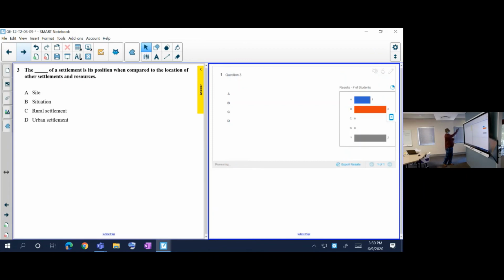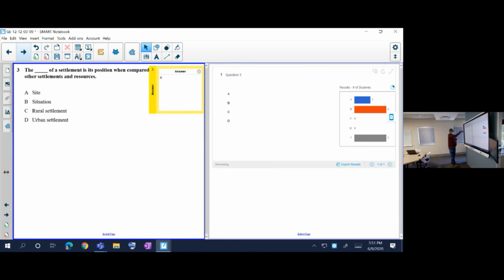Okay, so the correct answer to this one, the settlement, the position when compared to the location of other settlements is called a situation. So the correct answer is B. Then I come here, I see that the majority of my learners got it right on the online community.